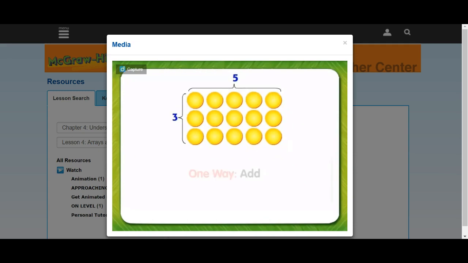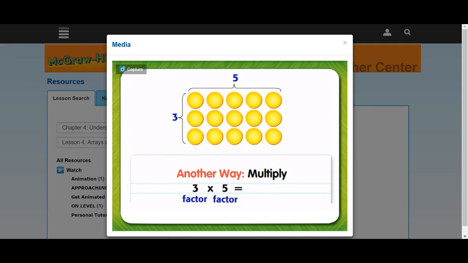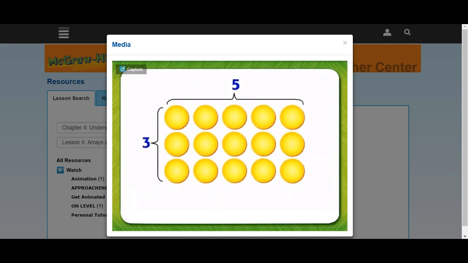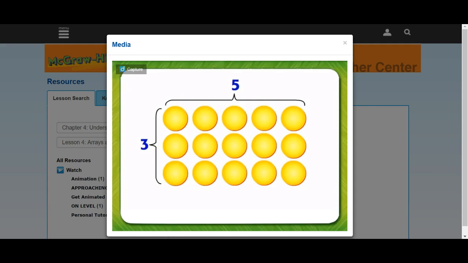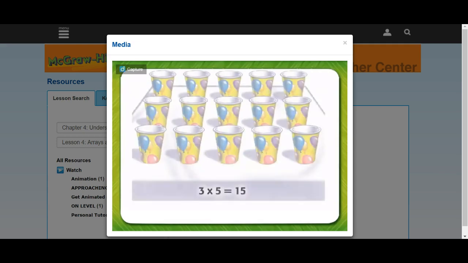One way to find 3 times 5 is to add: 5 plus 5 plus 5 equals 15. Another way is to multiply: 3 times 5 equals 15. The array shows 3 rows of 5. You can write a multiplication sentence. So 3 equal rows of 5 cups is 15 cups in all.